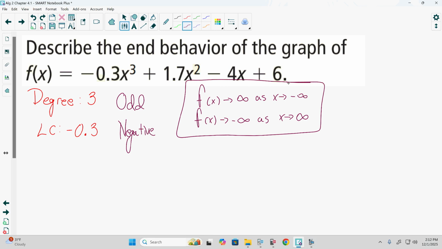We just need to make sure we have both of those statements listed. Questions on this here? So really all we have to do is figure out, is the degree even or odd? Is the leading coefficient positive or negative? And then line up which one of the four it is.